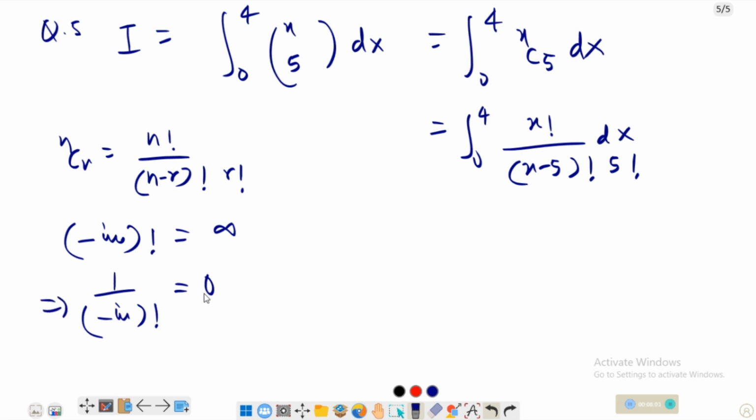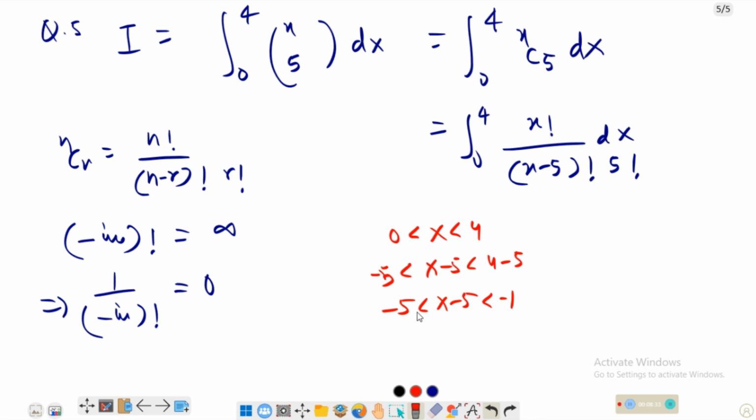Here x belongs to 0 to 4, so x minus 5 belongs to 4 minus 5 and minus 5. So x minus 5 belongs to minus 1 to minus 5.